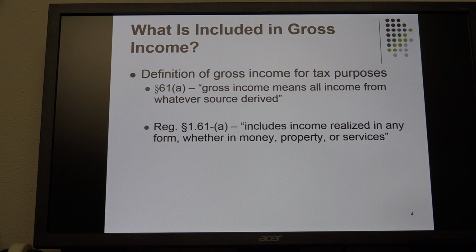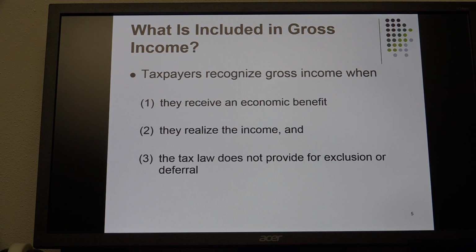Now again, is this 100% foolproof? No, it's not, because obviously if you are in a barter situation where, let's say, services are being received by one party in exchange for services for the other, well, both parties still have to recognize the market value of the services that they receive.